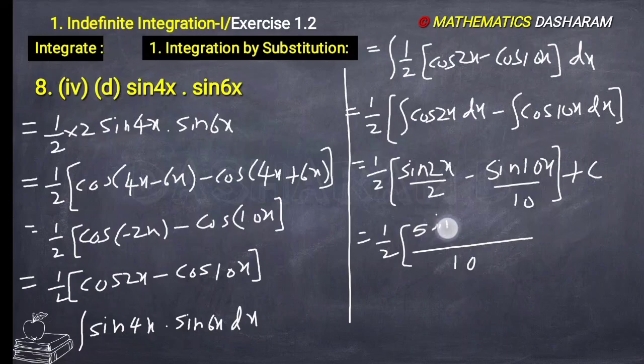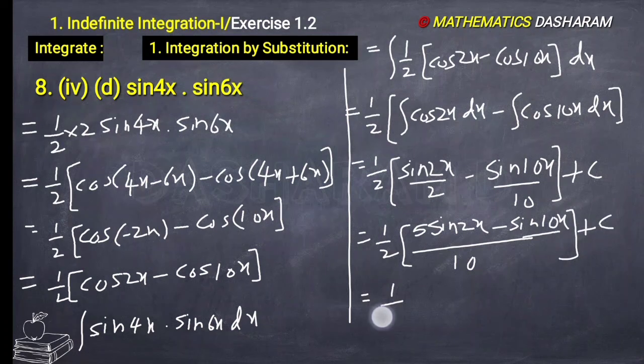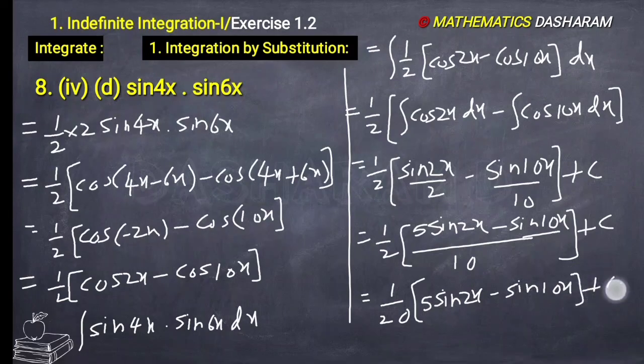So 5 sin 2x minus sin 10x plus c. So 1 by 2 into 10, that is 1 by 20, bracket of 5 sin 2x minus sin 10x plus c is our required answer.